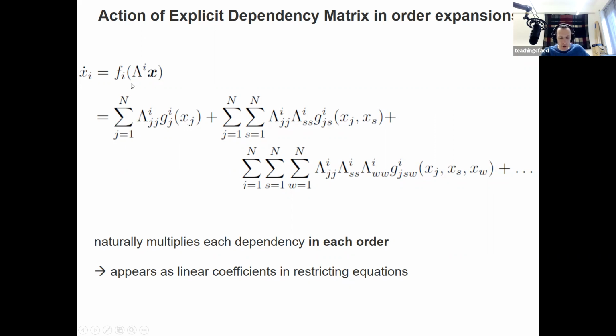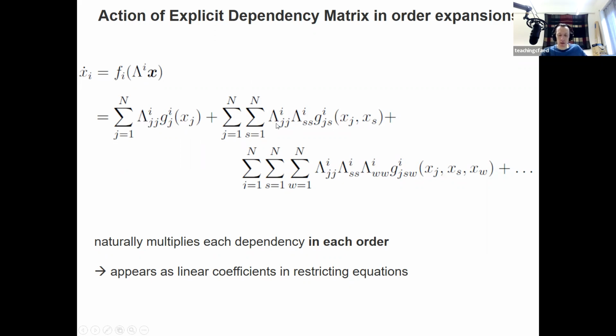So if I expand this function, I just represent fi as a sum of these lambda i jj's. They tell me whether this guy is influencing xi at all. And this function gij is telling me how xj influences xi, if it's acting alone. There could be additional terms, for example, xj co-acting with xs, some other variable.